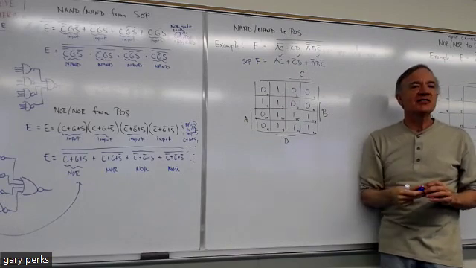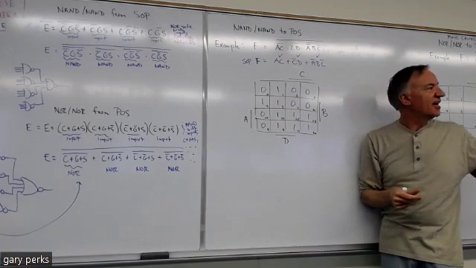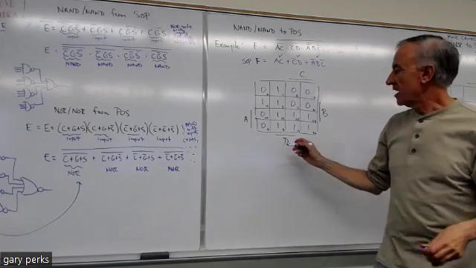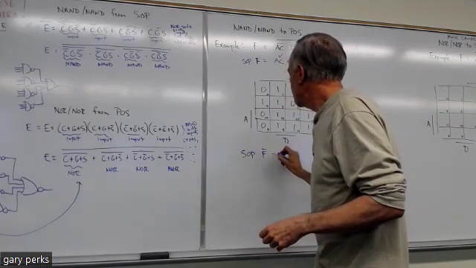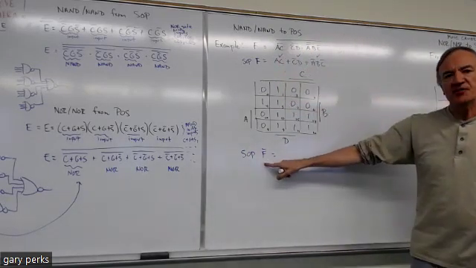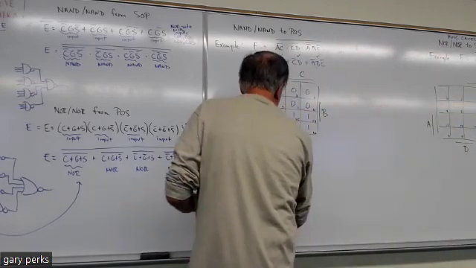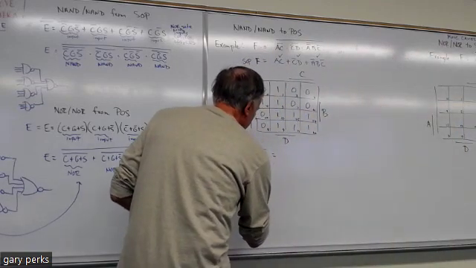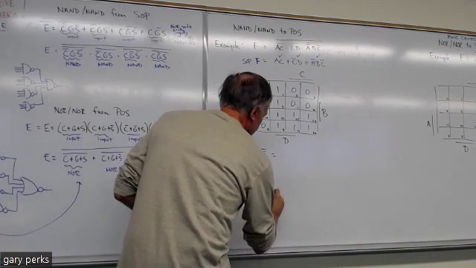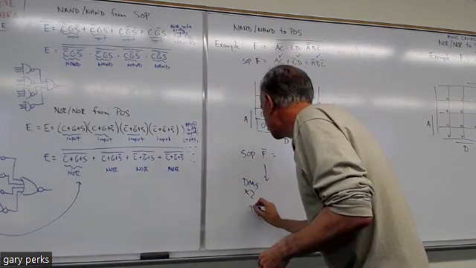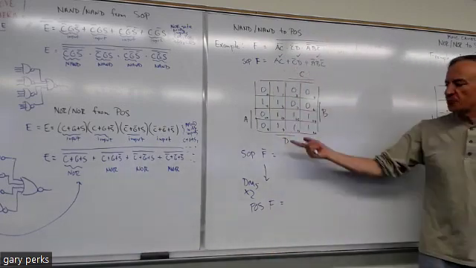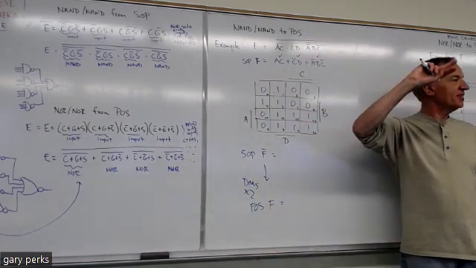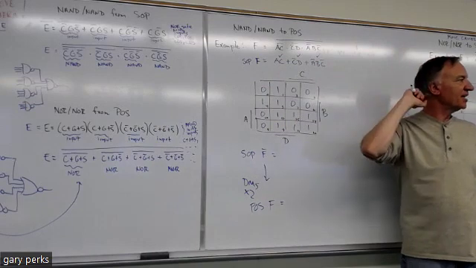SOP for not F, right? Because once I have SOP for not F, I can do De Morgan twice to get POS for F. Again, De Morgan twice means you flip everything, and ORs to ANDs.